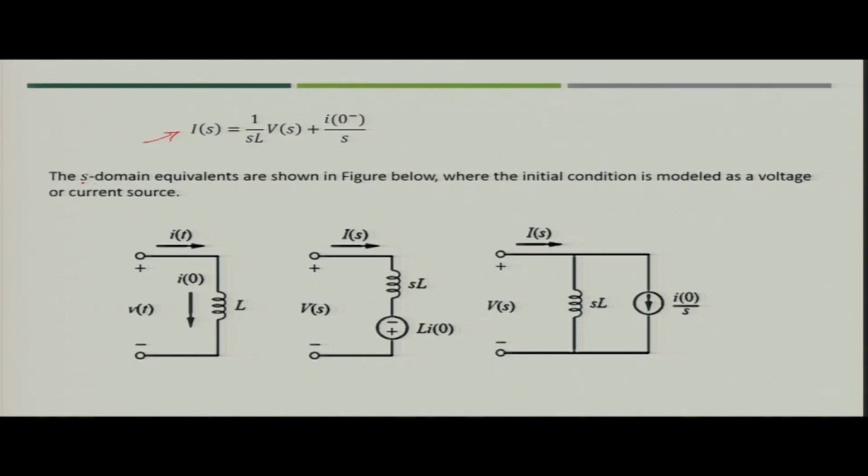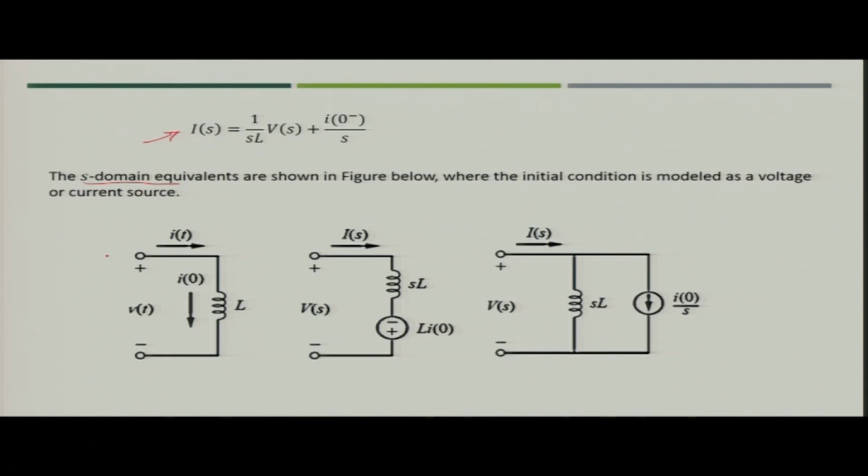Now, what we will do, we will convert these equations into an equivalent circuit. So, if you see in time domain, we have an inductor which is carrying some current i at any time t, with initial current as i(0) and voltage across the inductor is v at any time t.